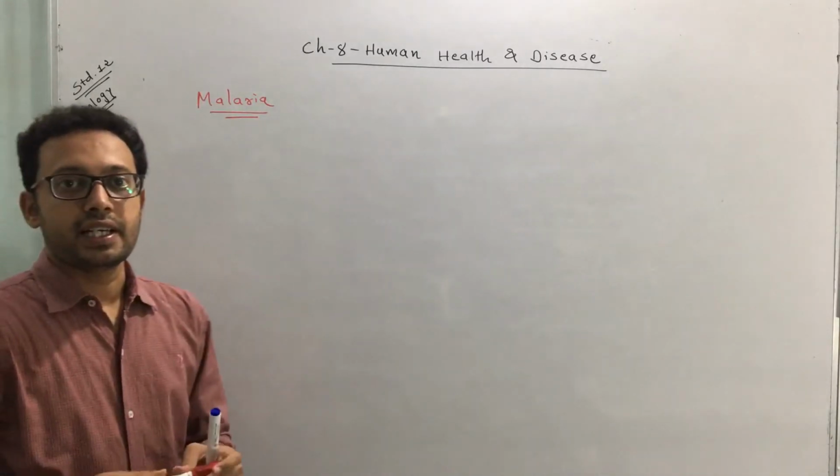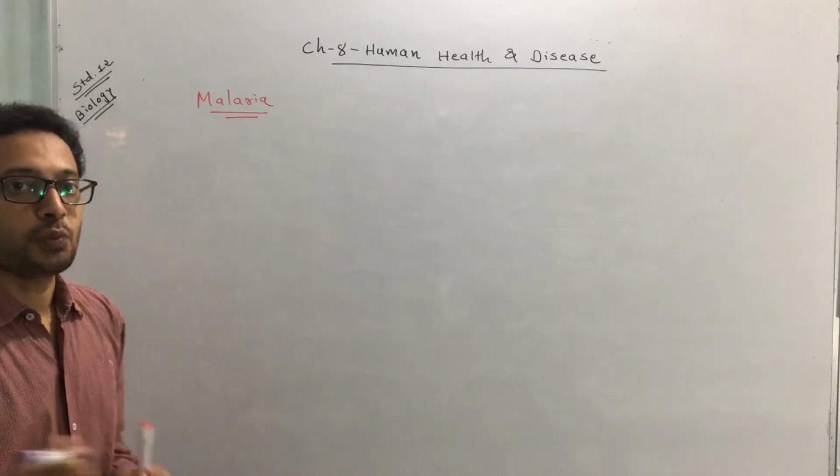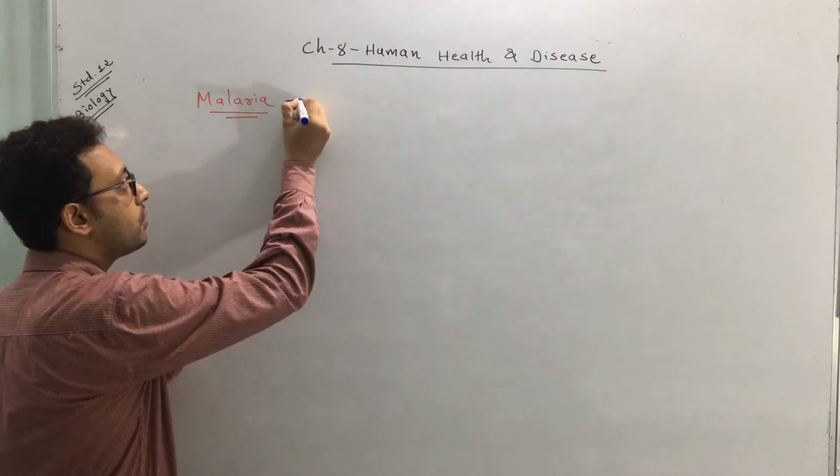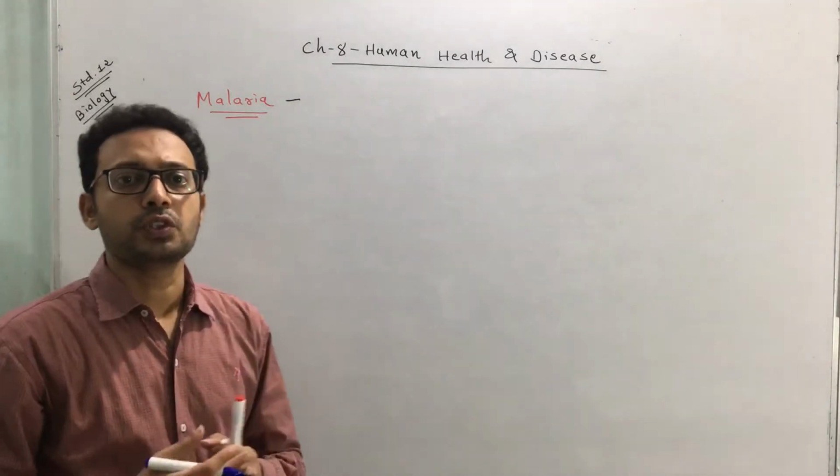Malaria is caused by parasites. Which parasite is responsible for causing it? It is caused by plasmodiums. There are different varieties of plasmodium responsible for it.